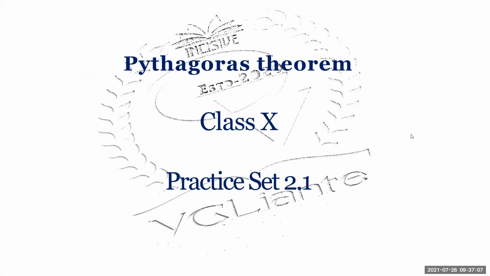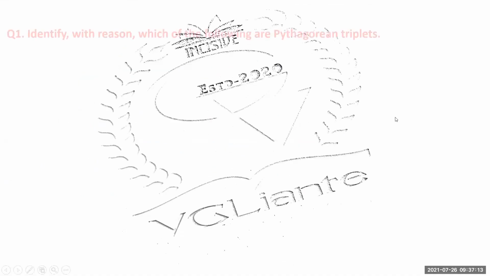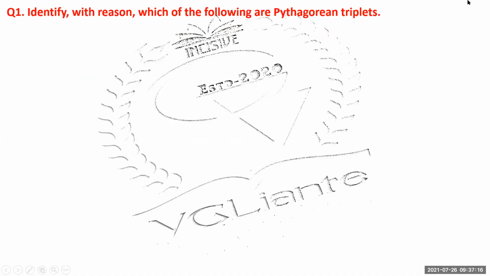Now we'll move to practice set 2.1. Identify with reason which of the following are Pythagorean triplets. Understand the first property which we studied for Pythagorean triplets. The first set of numbers is 3, 5, 4.